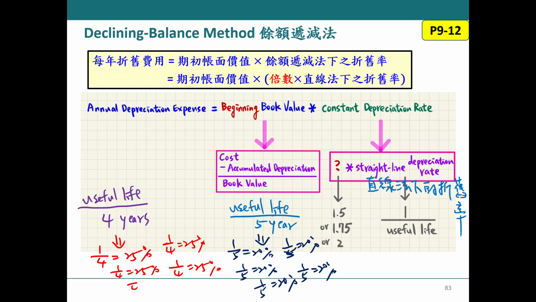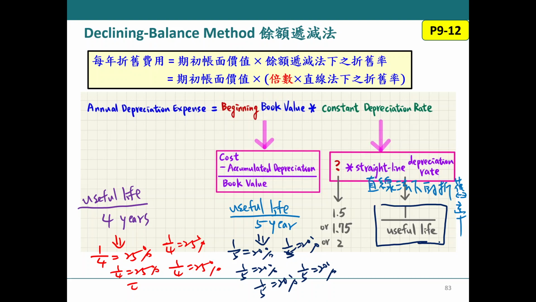Okay? So each year, your value decreases 20% when your useful life is 5 years. When your useful life is 4 years, each year your value decreases 25%, right? So that's how we got the straight line depreciation rate, 直线法下的折旧率: 1 divided by your useful life.